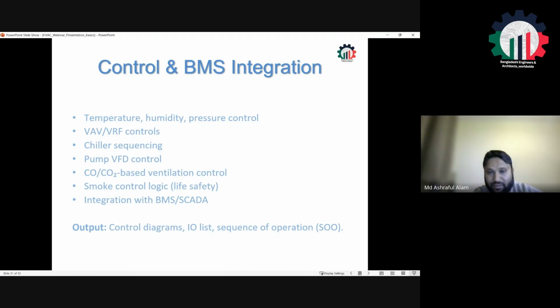All these things will be involved, and the output will be control diagrams, the BMS IO list and the sequence of operation. These will be the output of all these design considerations for the control.